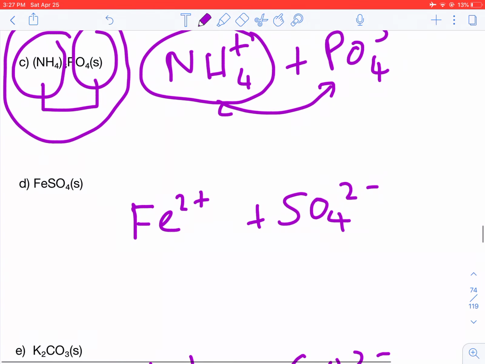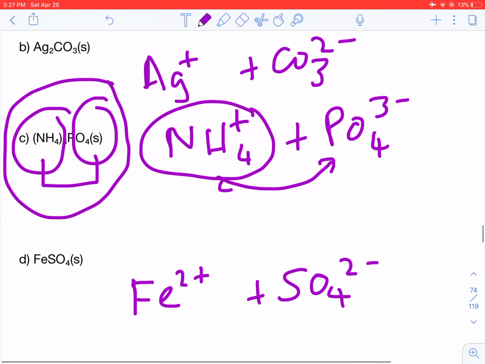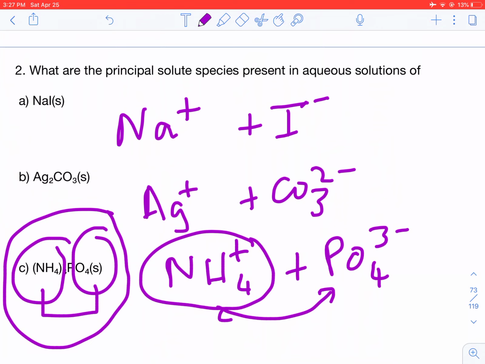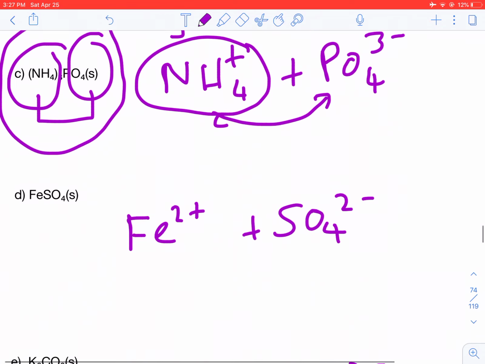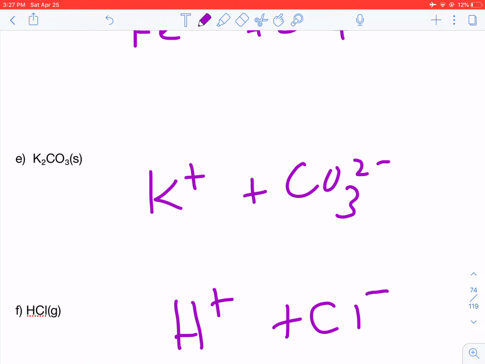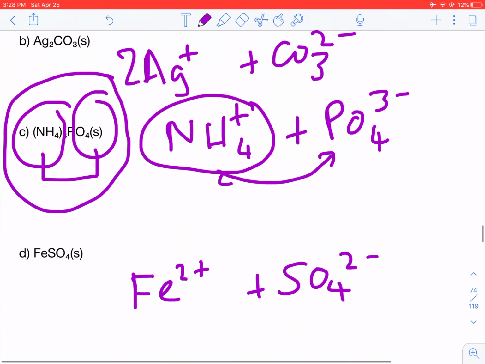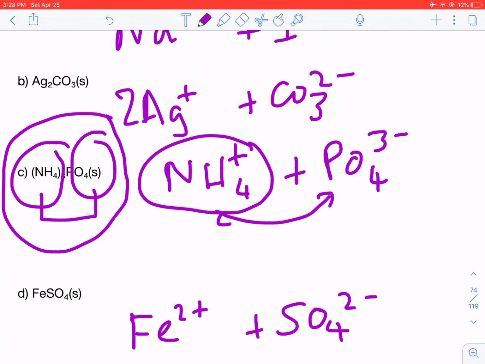Alright, the principal ions, okay, we've got that. If we want to just balance it, we can balance that there and here. We could balance that, and here in this case if we balance it, it would be then a 3 there, so it means 3 positives and 3 negatives, right?